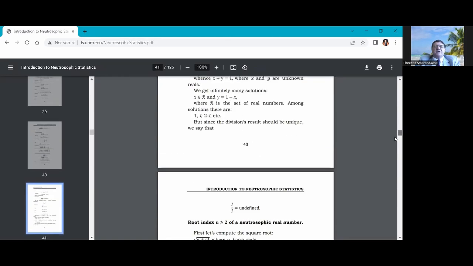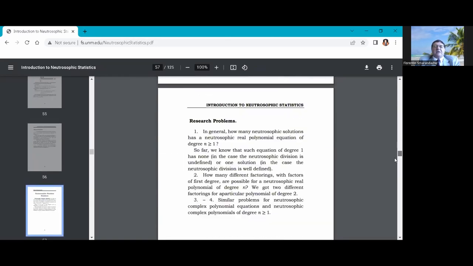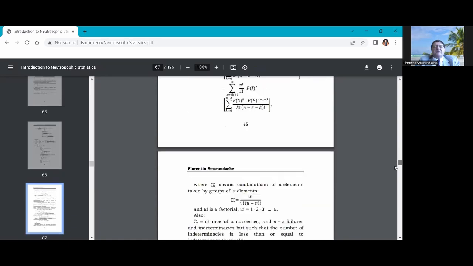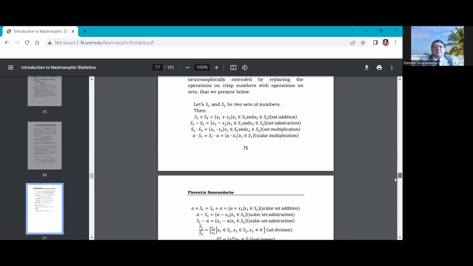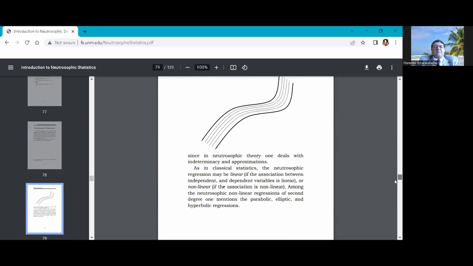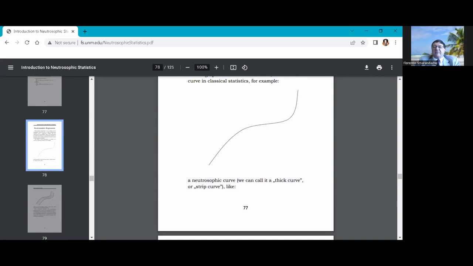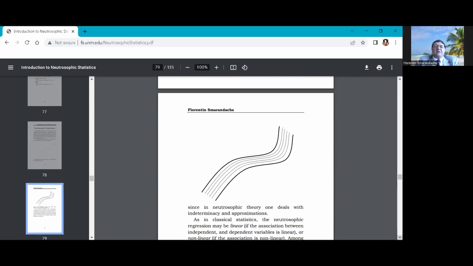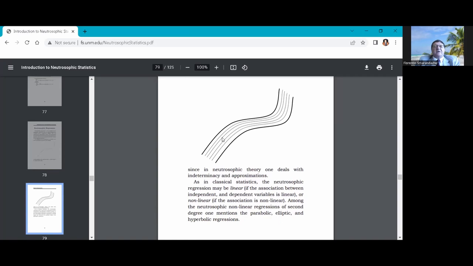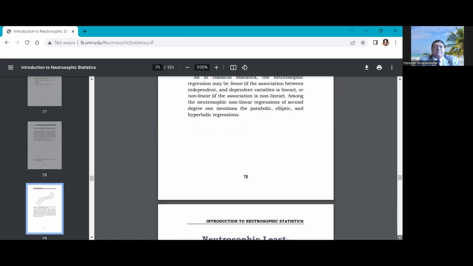So we know the information is between them. Let's see the thick curves. Here, like thick curves, we have a curve as in classical, and then it's a thick curve. So the value is somewhere in between.